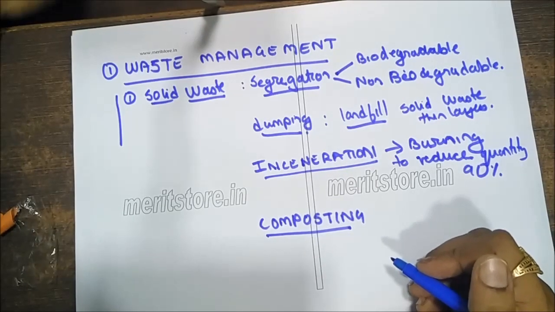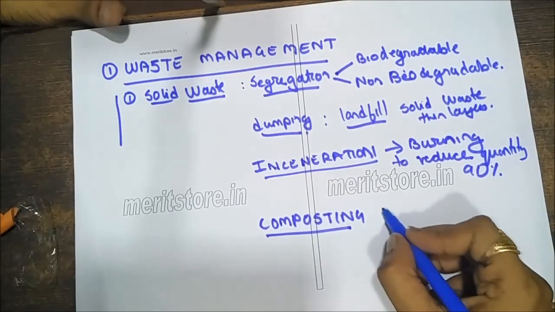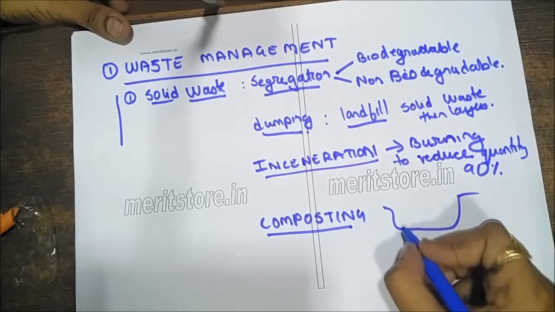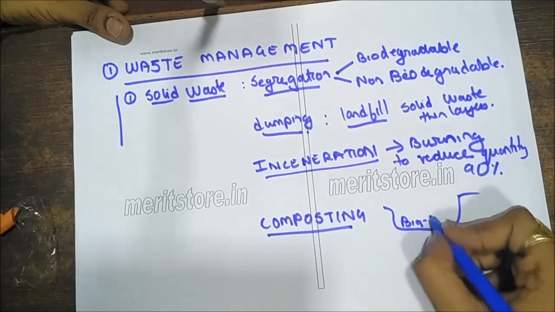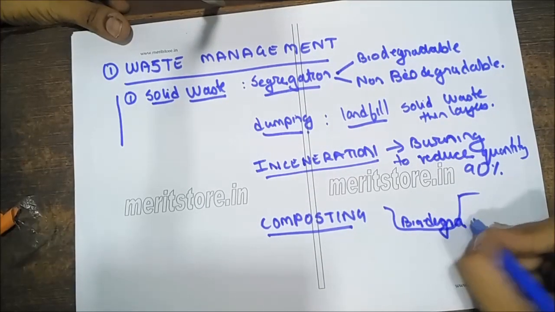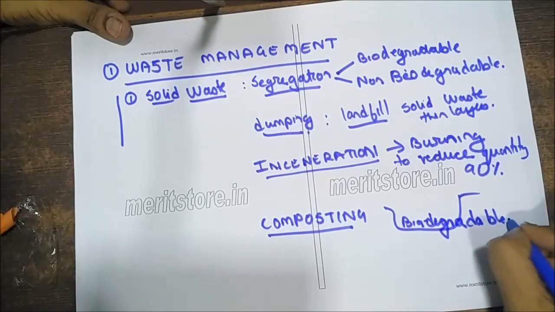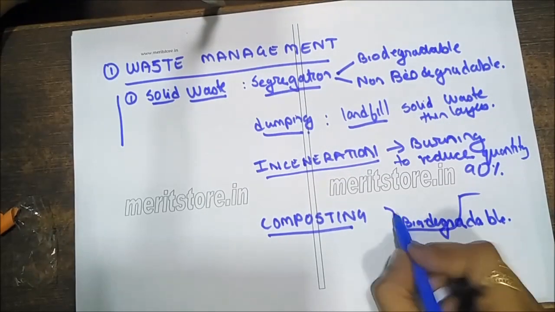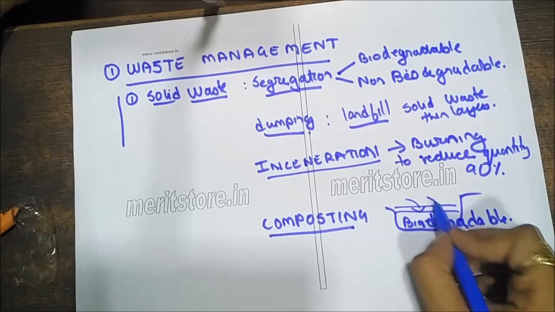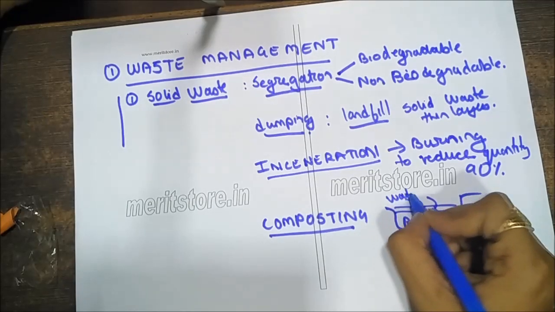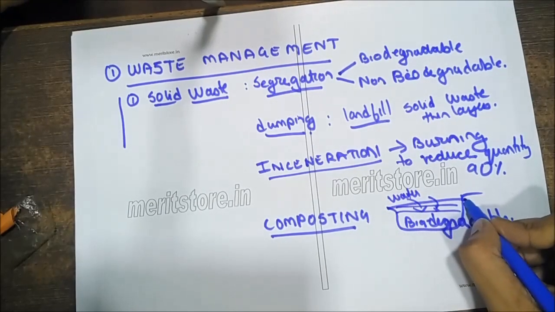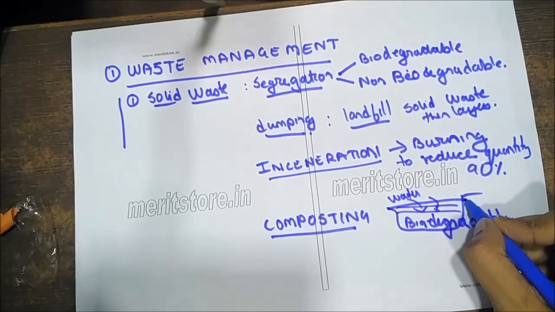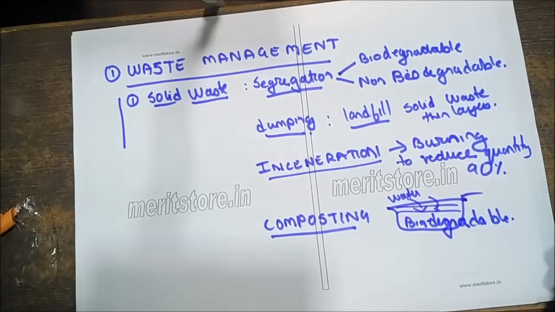Whatever is biodegradable is put in a pit, and it is layered in such a way that air can enter, and water is also added, and then it is covered. After some days what comes out is manure, which can be used in agriculture. So this is how we can treat solid waste.